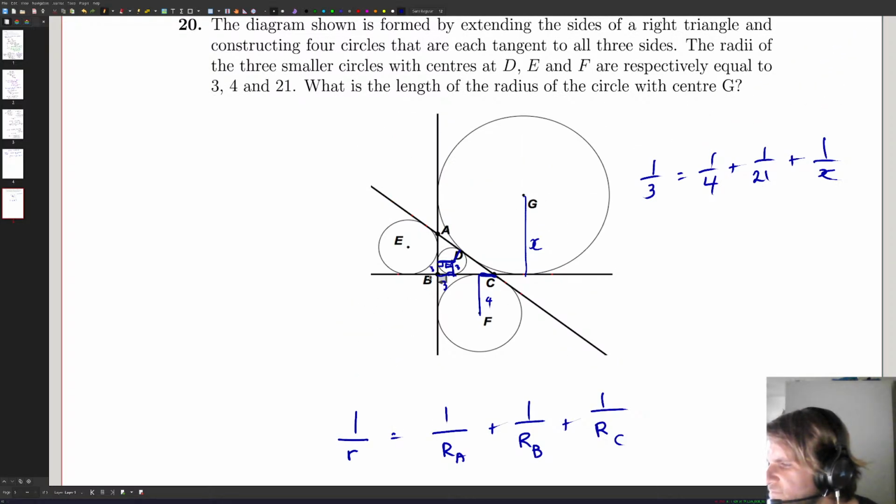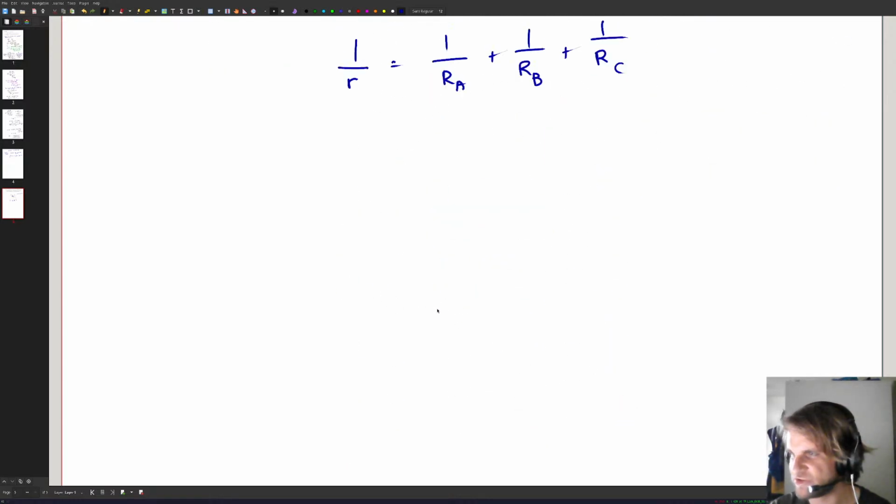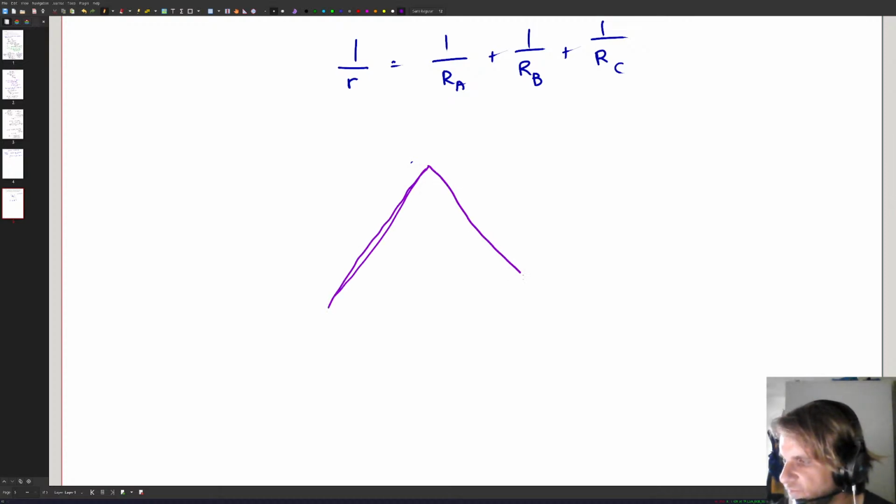I'm just trying to see what the best thing to do is going to be over here. So if that's 3, actually I have no idea. Let's prove a whole bunch of facts about incircles and excircles, I guess, and then I'll try to remember where that formula comes from.